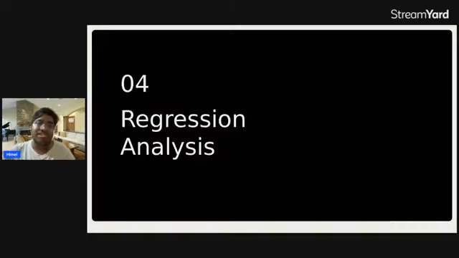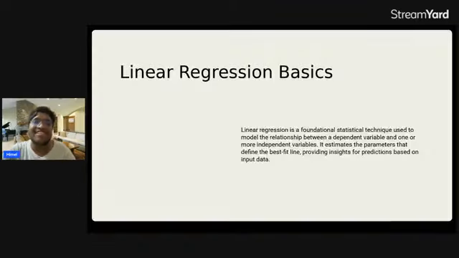Now comes our interesting one, the regression analysis. When we focus on regression analysis, a cornerstone of predictive modeling, linear regression is one of the simplest yet most powerful techniques for modeling the relationship between a dependent variable and one or more independent variables.